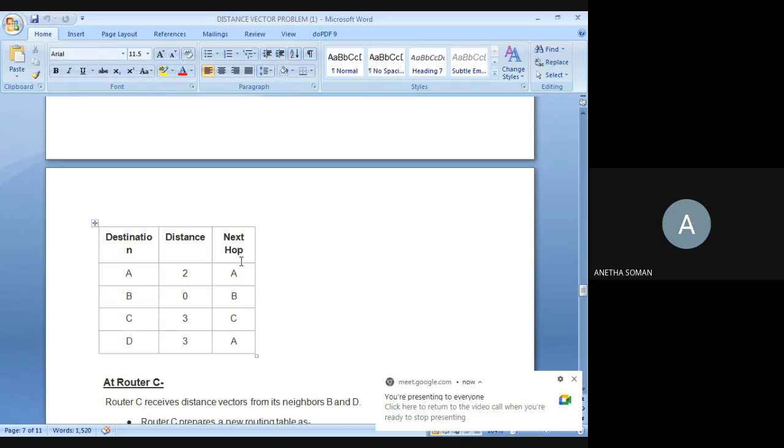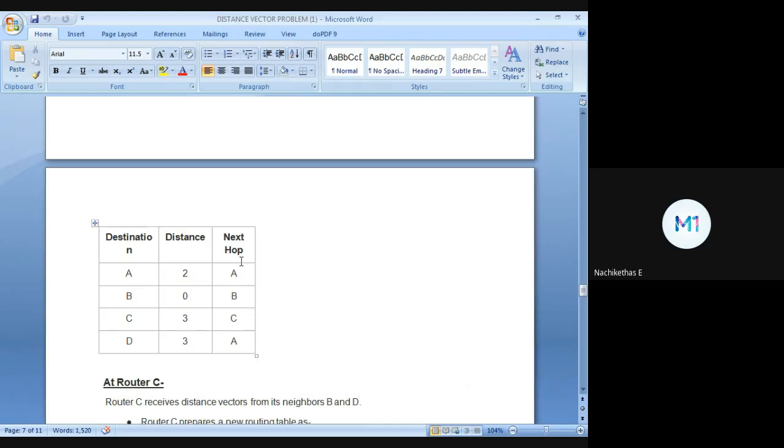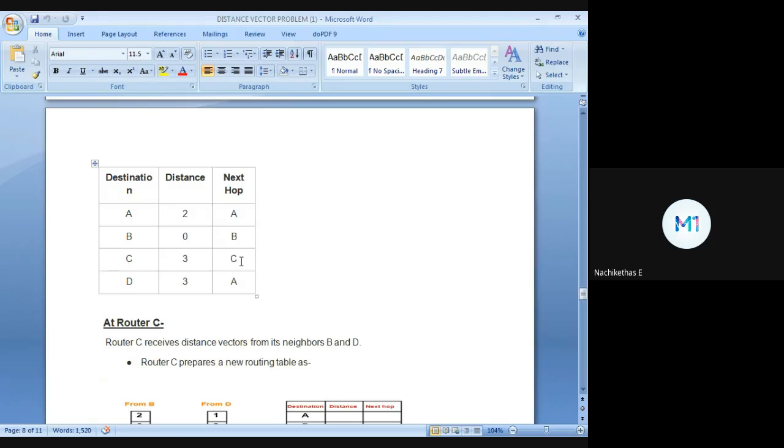Then tell me, what is the table you are getting at router C? A5B, B3B, C0C, and D10B. How will it be 10? Now, what change will there be with respect to the first routing table?